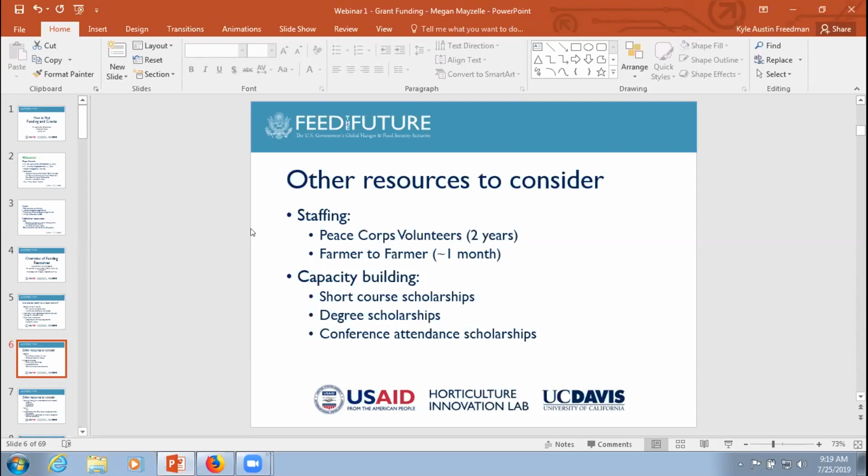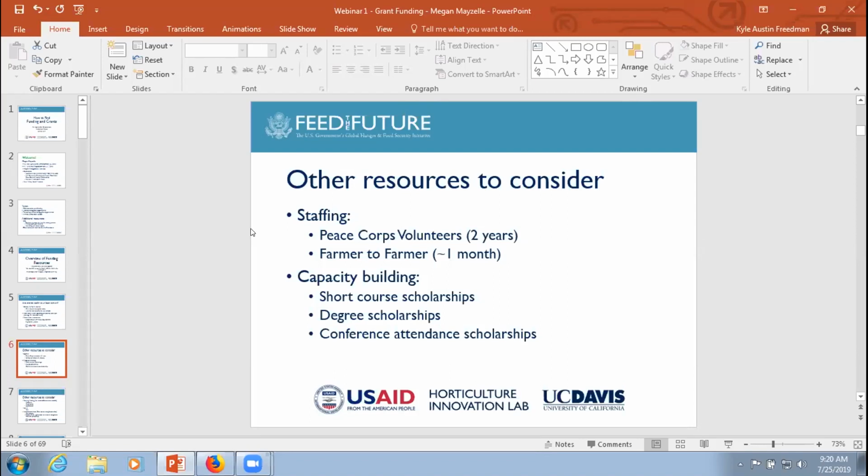So you might be doing something like instructing a farm organization, or you might be solving a specific issue they have, let's say irrigation infrastructure or irrigation efficiency that they're struggling with in their cooperative or in their region of the country. Peace Corps, I think more people are familiar with, but essentially it's a 27-month commitment.